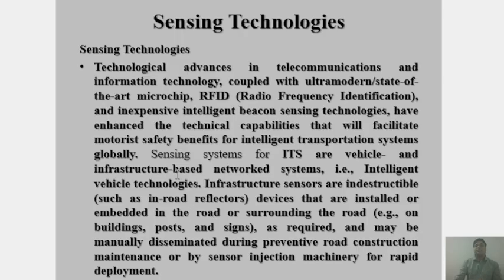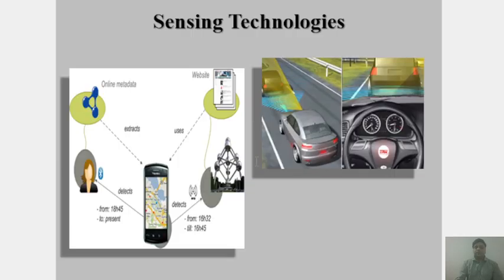Extrusive is not embedded on the surface or beneath the road, but is near the edge of the road, such that we can capture information from there. The best examples of extrusive are CCTV cameras or different types of cameras or sensors deployed near the road. So this is how the sensing technologies look.